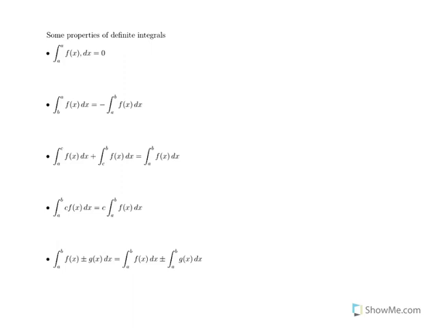The next one is just a definition kind of thing. If I flip the bounds, if I go from b to a instead of a to b, then I'm just going to say that is the negative of the integral.